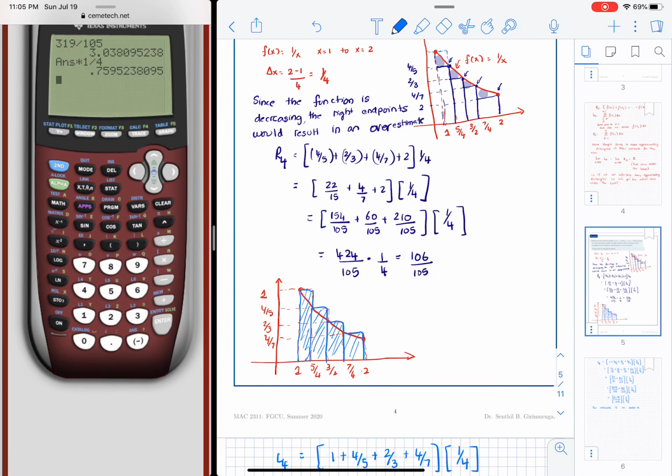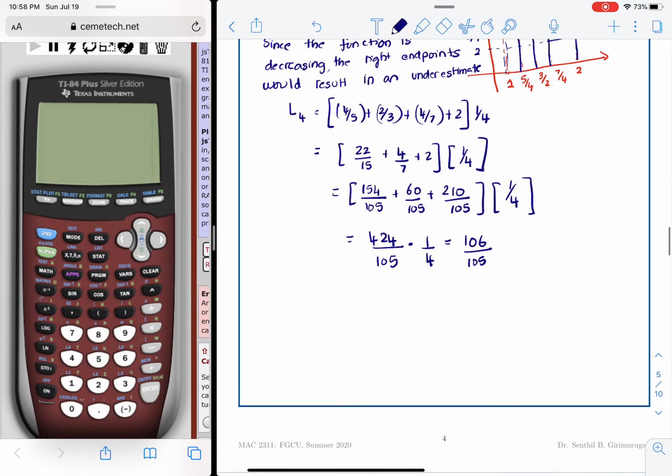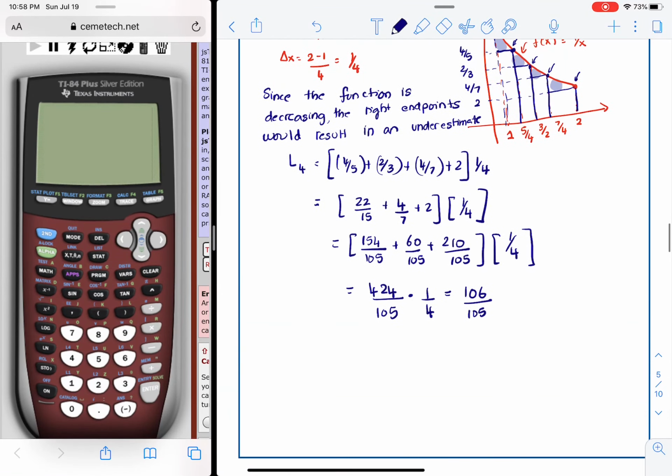Aha! Now we can move on to finding the right sum.